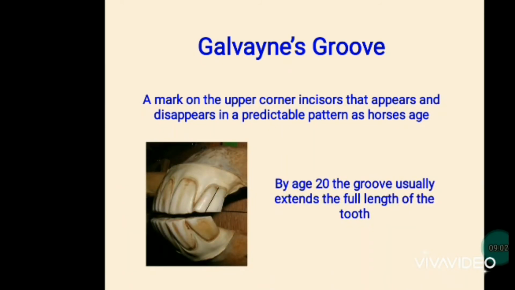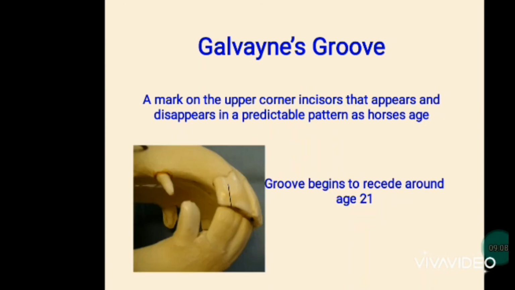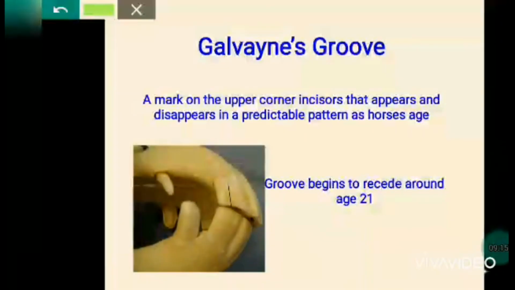Now if the horse is 20, the groove will extend the full length. The Ginglymus groove begins to recede around the age of 21. What does it mean? The groove will be present in this portion, and in the upper side it will disappear.